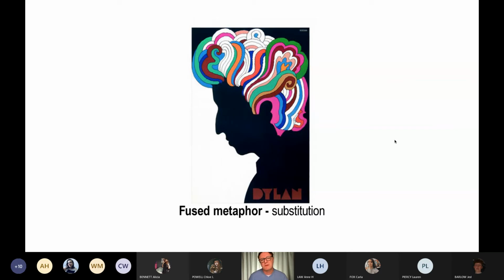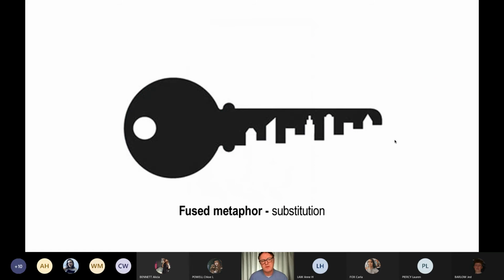We've just substituted the hair for the psychedelic graphic language of the time. In the same way, this is a substitute: the key already had a key cut, but now we've changed it, substituting something resembling a city skyline. Now it makes the key look as if it could be the symbol for a city-based real estate agent.